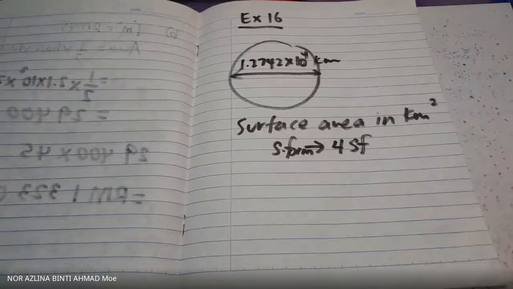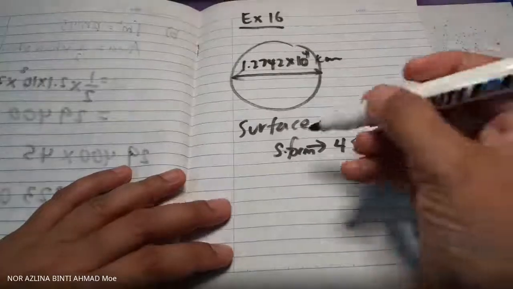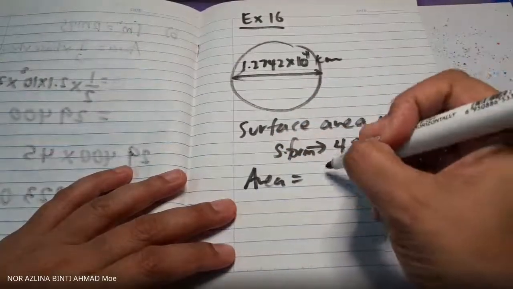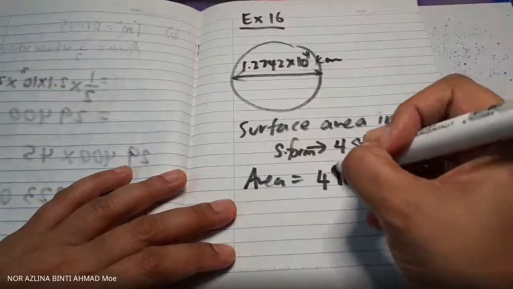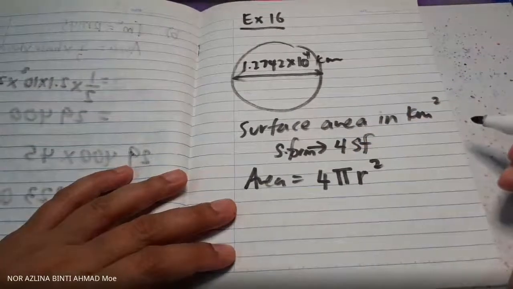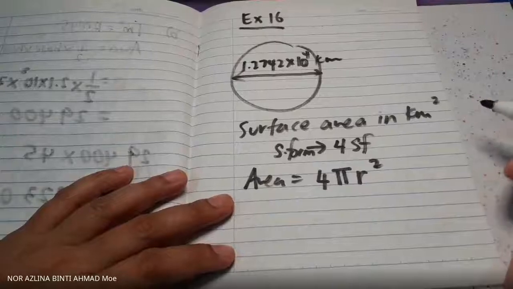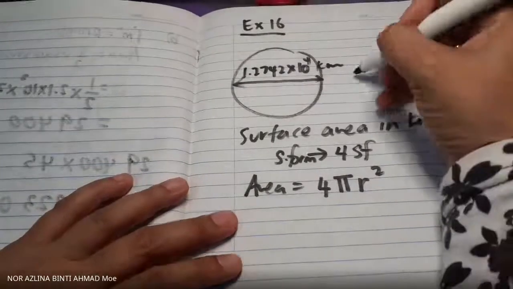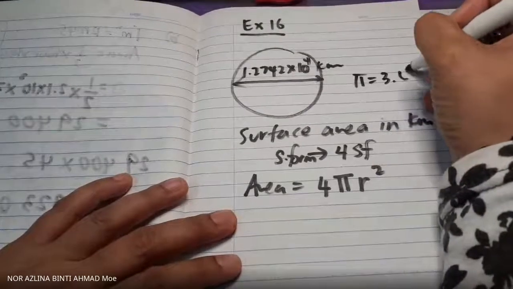The formula for surface area of a sphere is given here. In the exam it is usually not given, so you must remember. The surface area of a sphere is 4 pi r squared, and for pi you need to use 3.142.